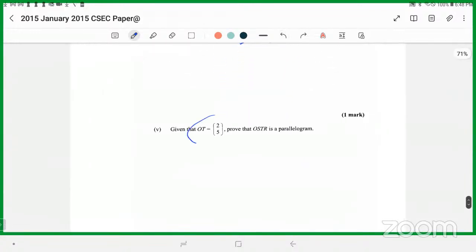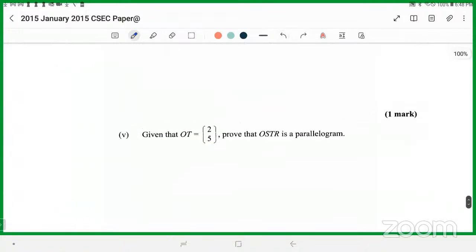It says OT is, they should put an arrow on top here. It's a vector. OT is 2, 5. It means that T is a point 2, 5. All right. Prove that OSTR is a parallelogram. All right.